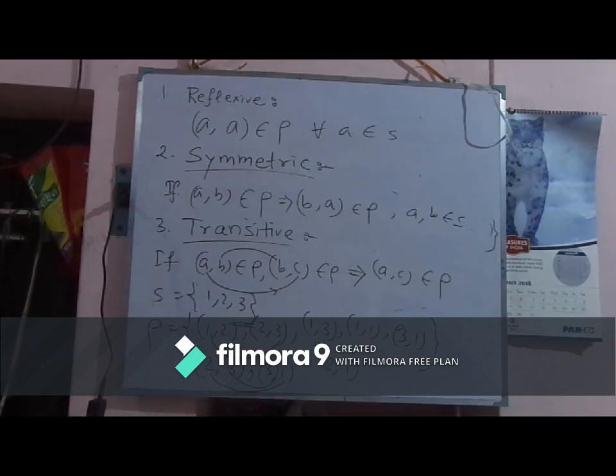Therefore, three types of relations exist. These are independent. There are many relations which are reflexive but not symmetric or transitive. Another relation is reflexive and symmetric but not transitive. There are many types of examples.